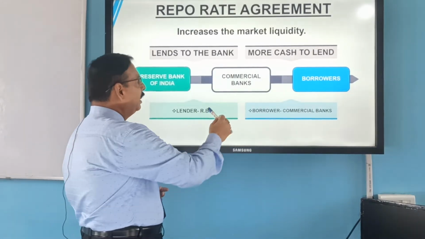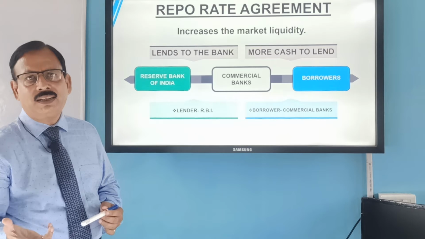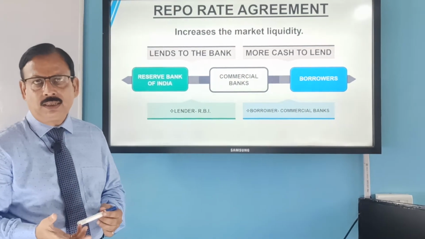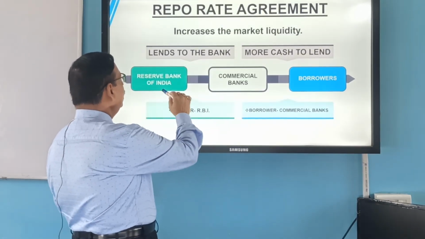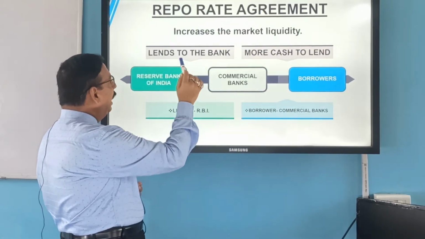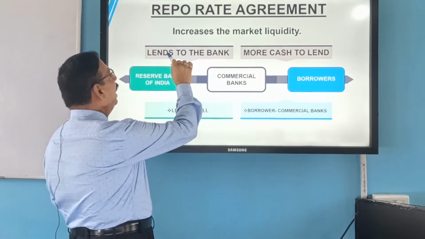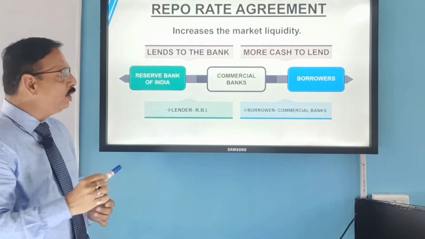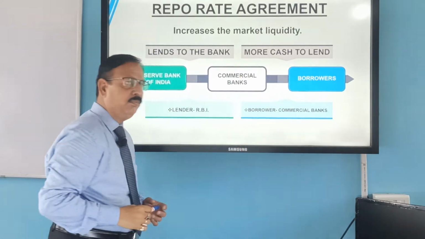And those who take the loan from the bank, they are called borrowers. Borrowers can be industrialists, it can be farmer, it can be an individual. So, once the repo rate agreement, we find that Reserve Bank give money to commercial bank so that they will have more money and they can give to the borrowers.